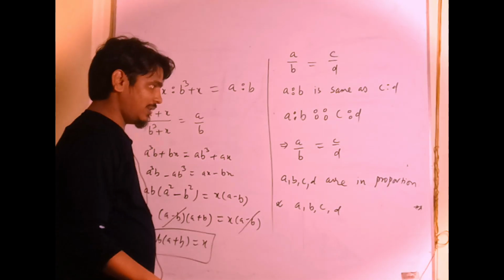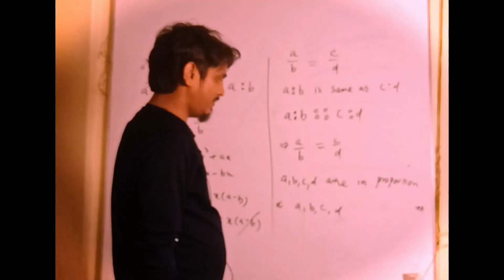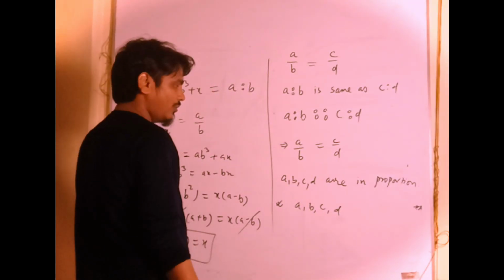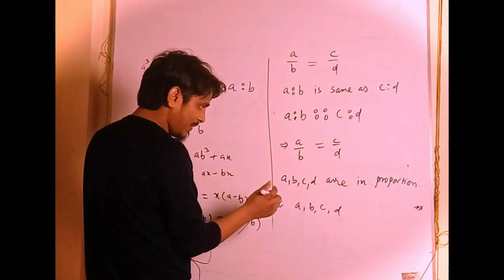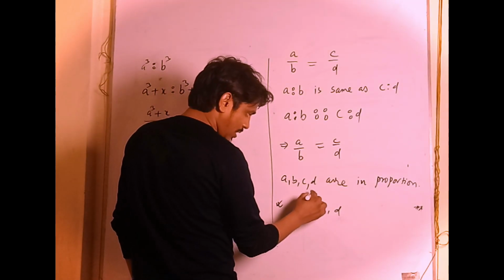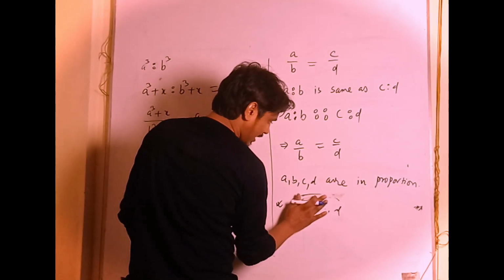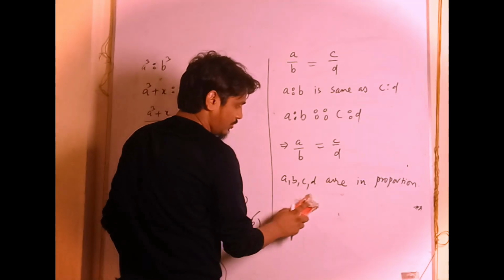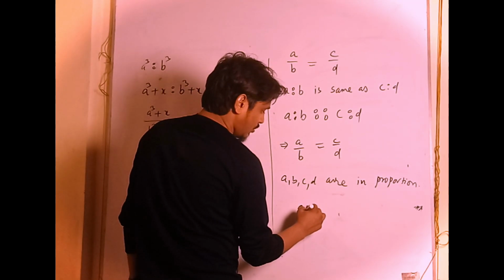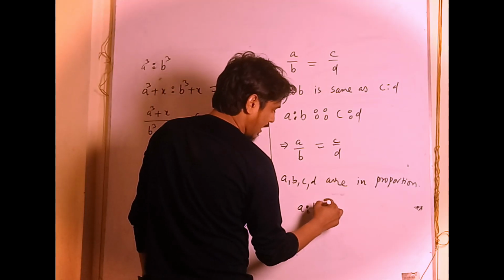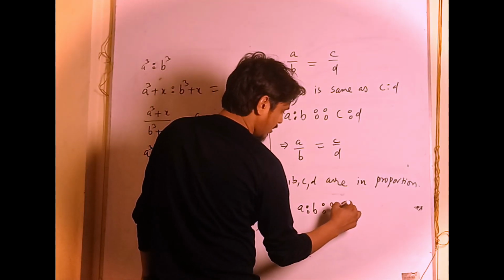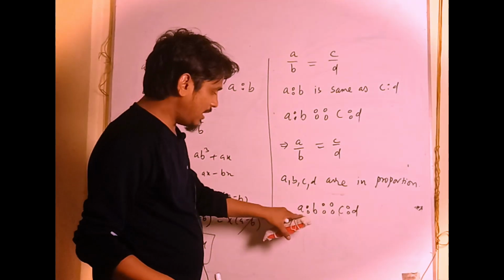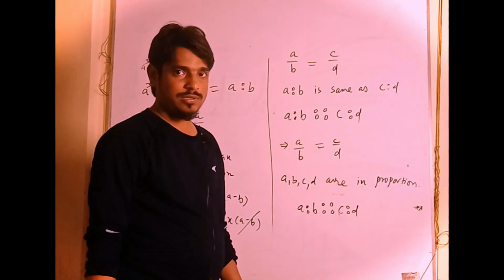There is another way of checking the proportionality of numbers. For example, we have four numbers A, B, C and D. I'm writing these four numbers as A ratio B proportional to C ratio D. Here A, B, C and D are all terms.